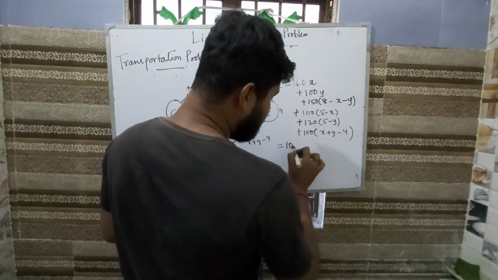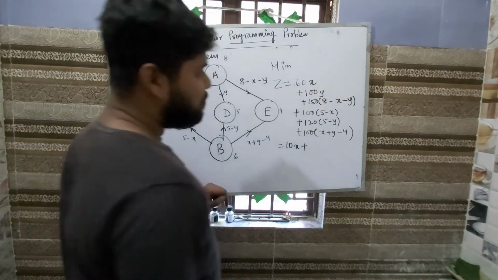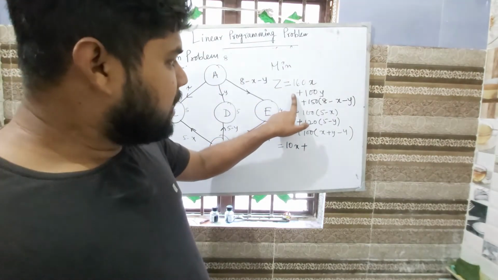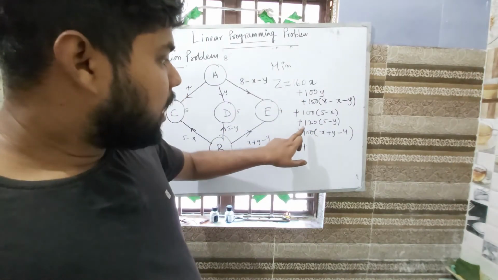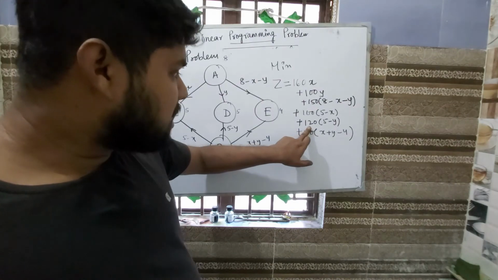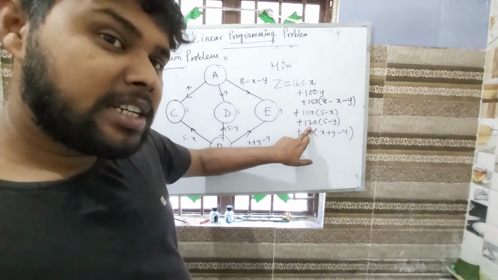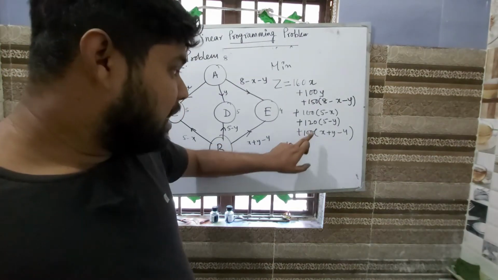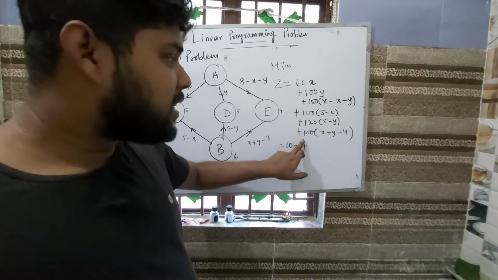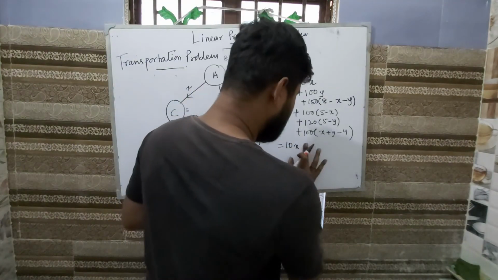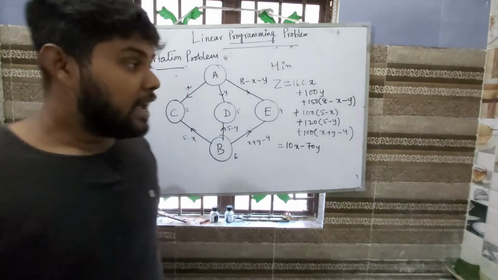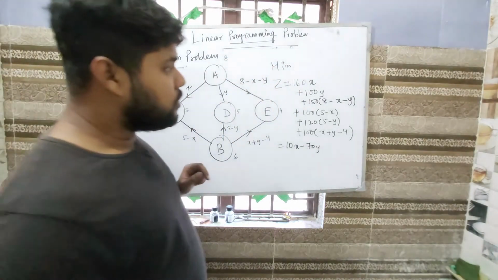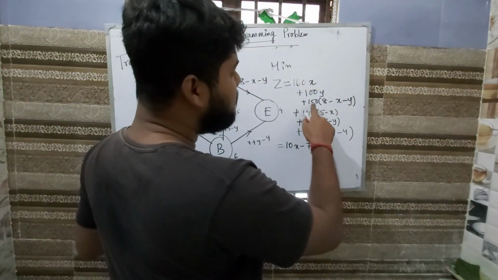So this gives me 10X plus 100Y minus 150Y, so minus 50Y, minus 120, so that is minus 170Y, plus 100, that gives you minus 70Y. And then there are certain constants also, so we have to add them.